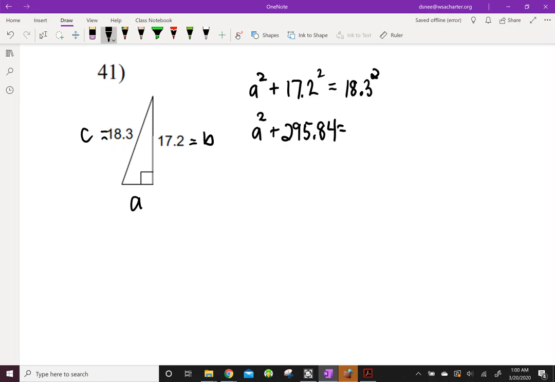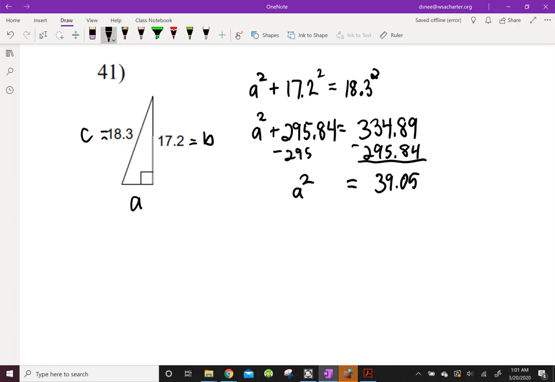18.3 to the second is 334.89. And then we subtract 295.84, minus, 39.05 equals A squared.